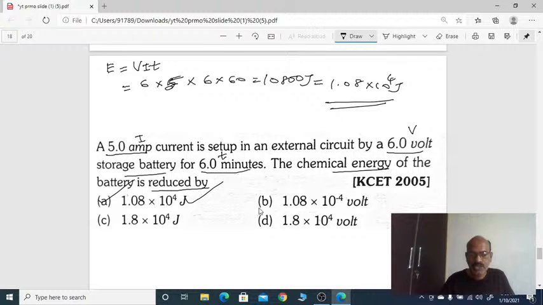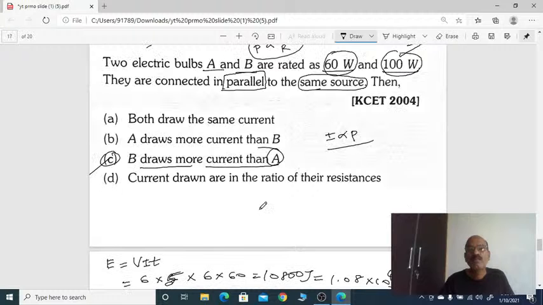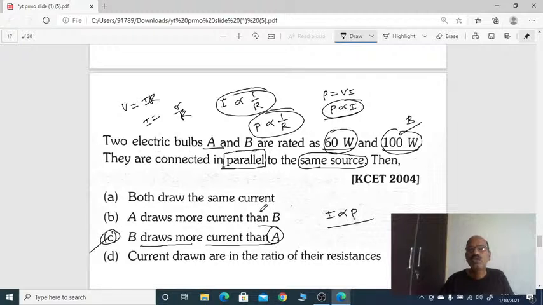Amina, you are asking about the previous one, right? See that two bulbs' power is given, 60 and 100 watt. More current means I is inversely proportional to R. We know P equals VI, so P is directly proportional to I, and in place of I I can put P. Now P is inversely proportional to R. See which one has higher power: resistance low, power will be more, and resistance low means current will be more.